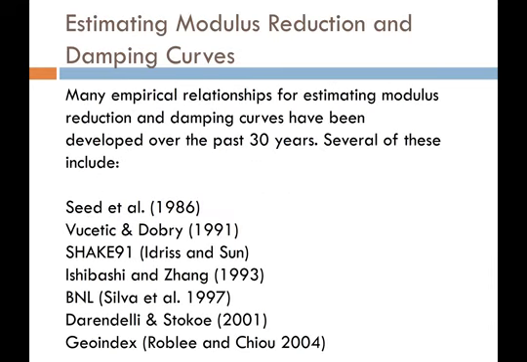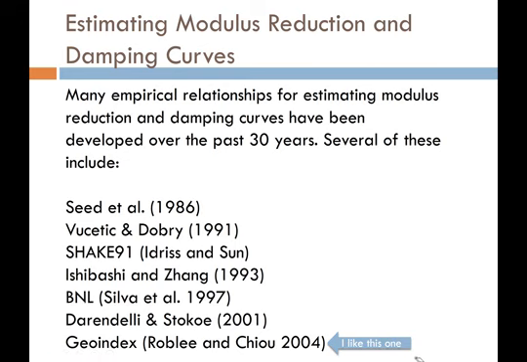I mentioned that there have been several different relationships developed and published for many soil types for modulus reduction curves and damping curves. Several of these equations are listed here. You can see they go all the way back into the 80s. Personally, in my consulting, because I did a lot of work in California, particularly for Caltrans, the California Department of Transportation, we used the GeoIndex model by Roblee and Chiou, developed in 2004.